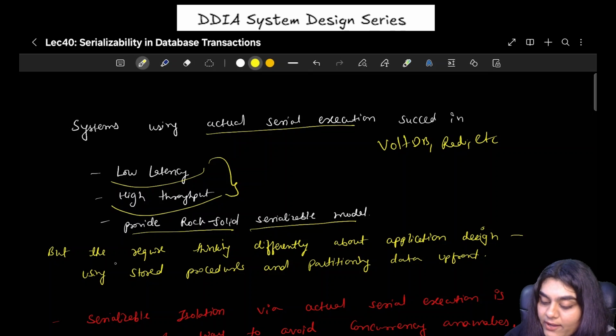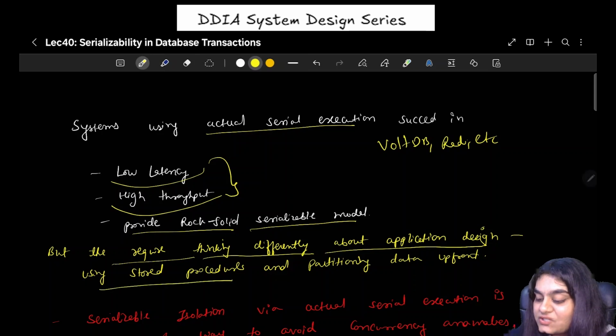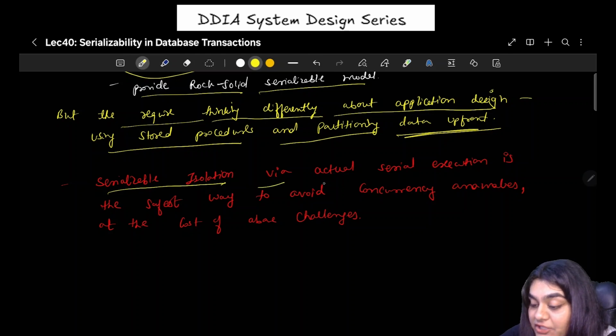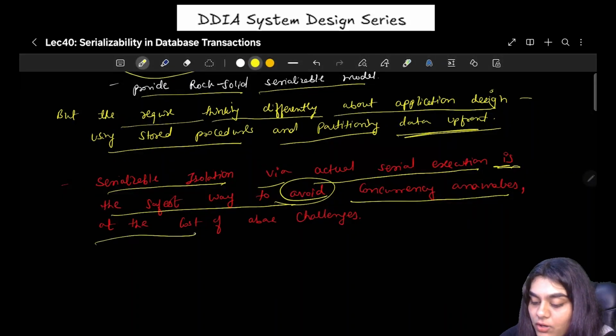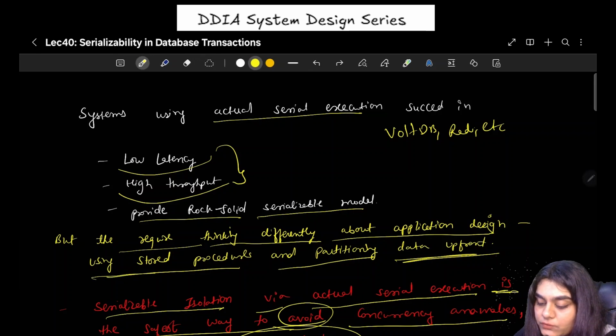But they require thinking differently about application design, using stored procedures and partitioning data upfront. So, serializable isolation via actual serial execution is the safest way to avoid concurrency anomalies, at the cost of the above challenges. Those are using stored procedures and partitioning data upfront.